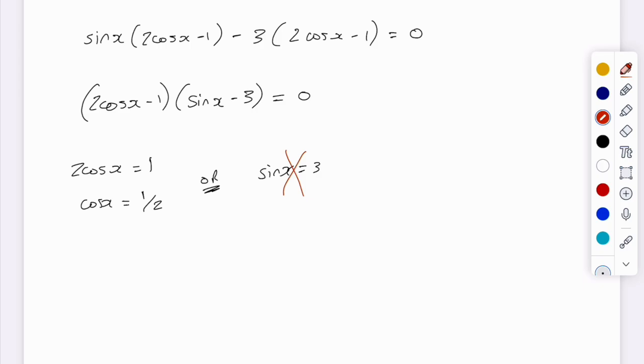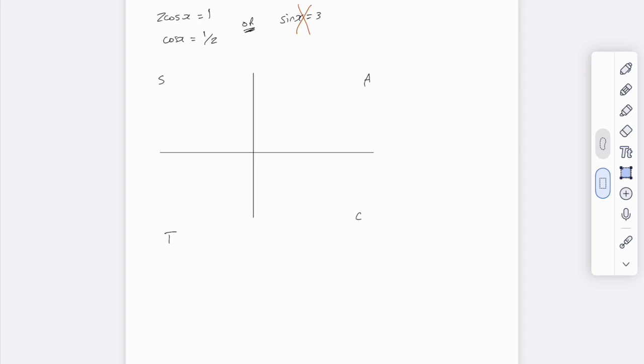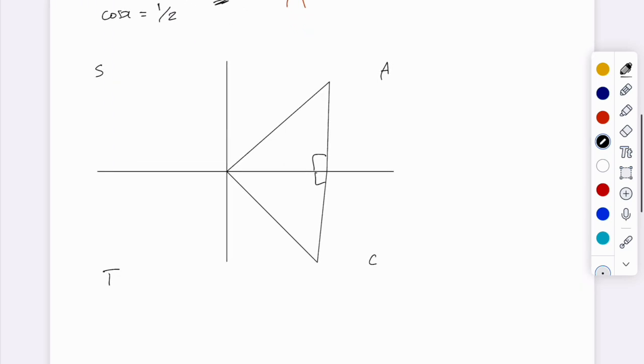Now this is where our CAST diagram comes into play. If we draw this properly, we know that cos is positive in these two quadrants. So if I draw my triangles like so, a little bit skewed but that's fine, put theta here and here.